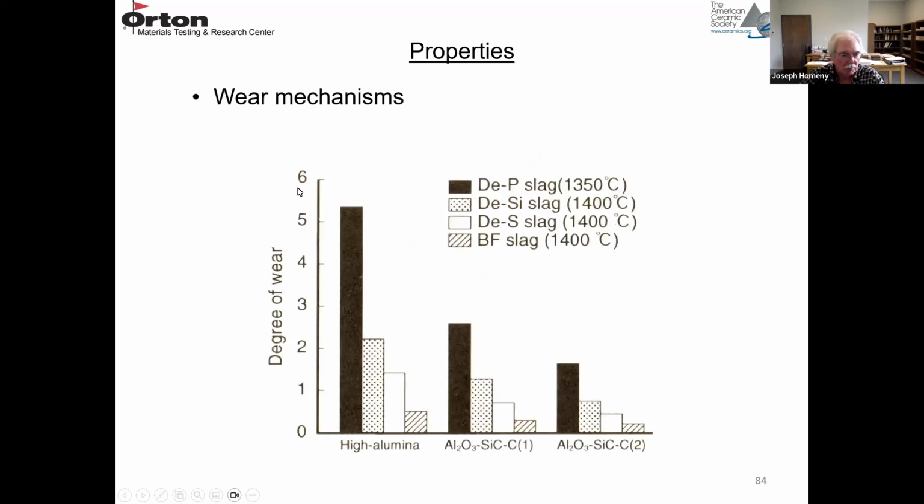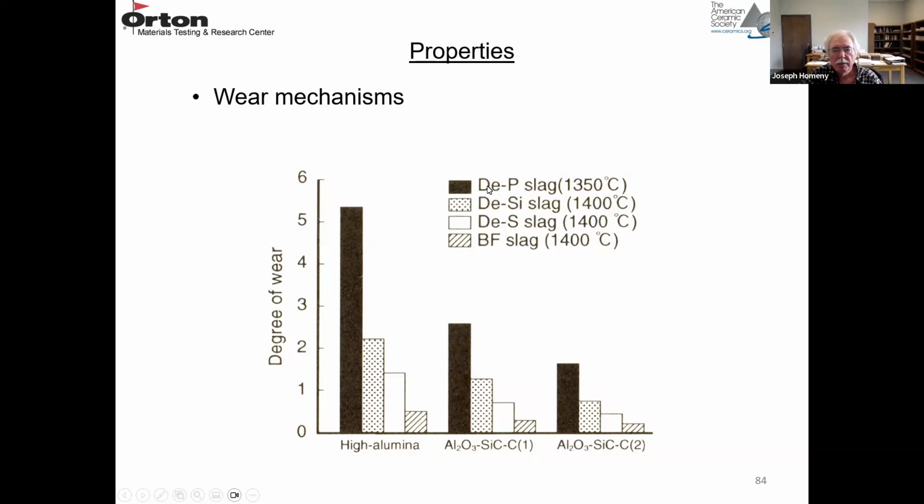So if you plot the degree of wear from 0 to 6, 6 being the highest wear, for different materials in contact with different slags. So this is a high alumina material, and then we have an alumina silicon carbide carbon composite, and the second one, slightly different compositions.